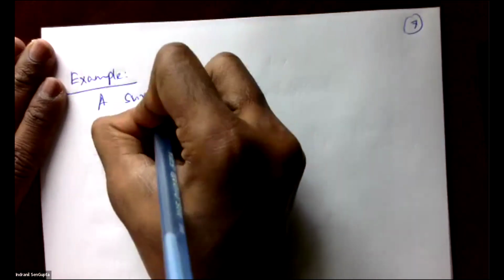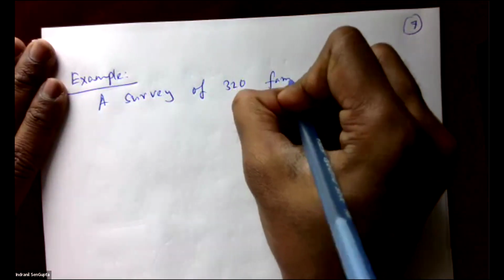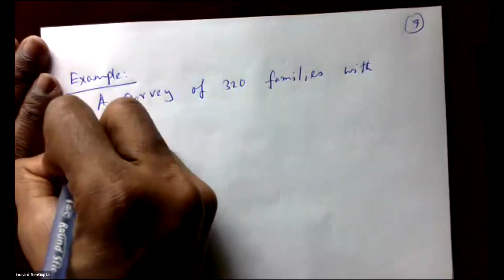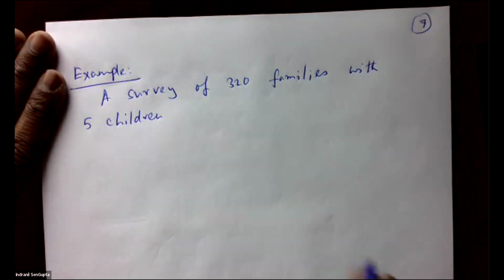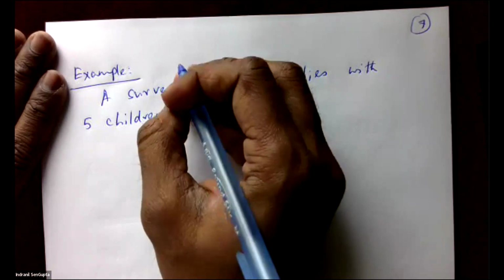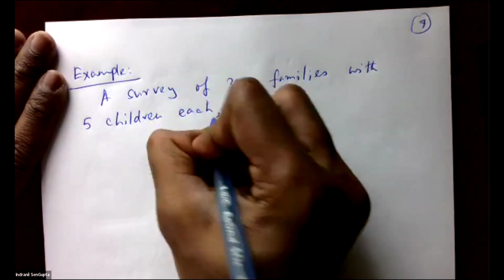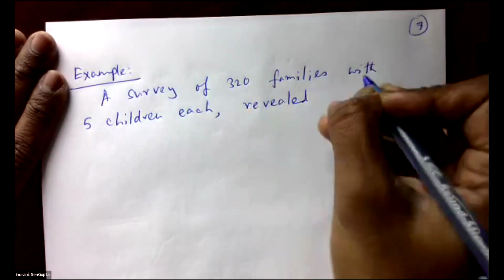It goes like this. A survey of 320 families with 5 children each revealed the following distribution.